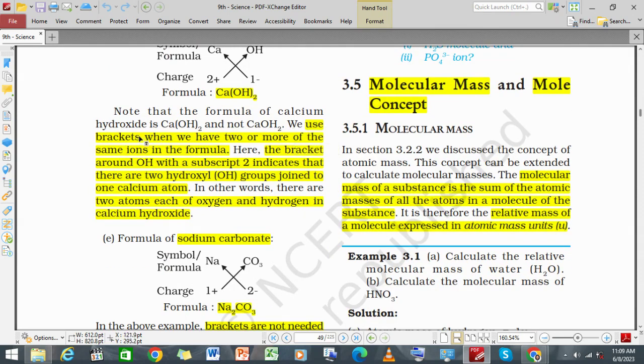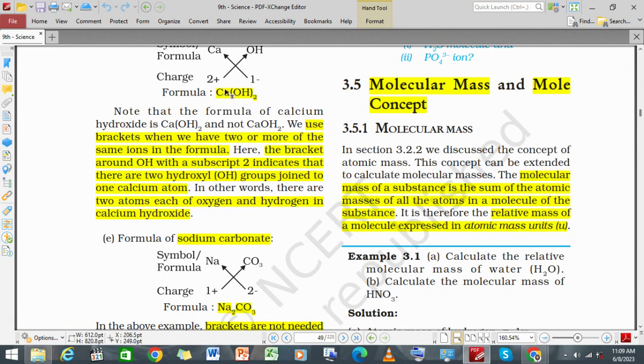Now we use brackets when we use two or more of the same ions in the formula. The brackets around OH with subscript 2 indicate that there are two hydroxide OH groups joined to one calcium atom. That means Ca(OH)2 is there.